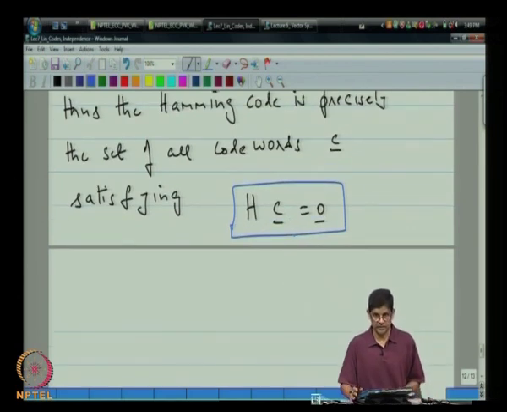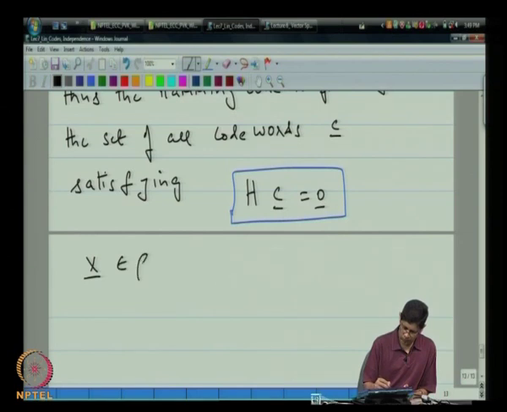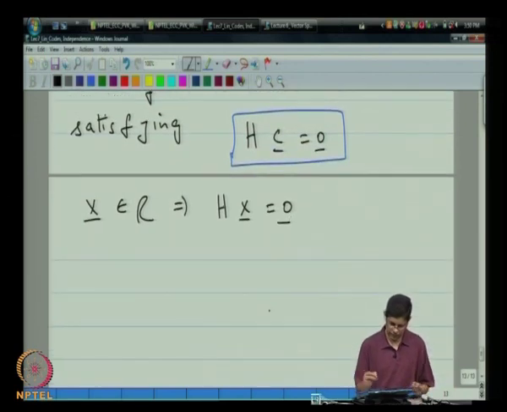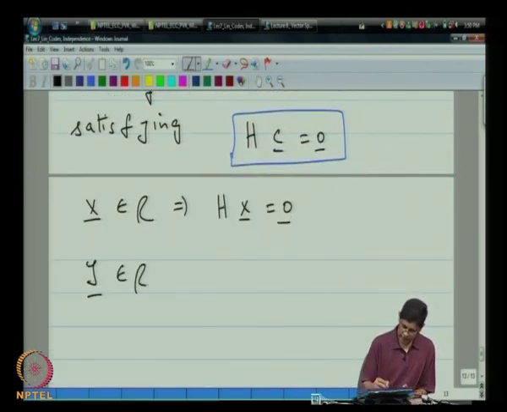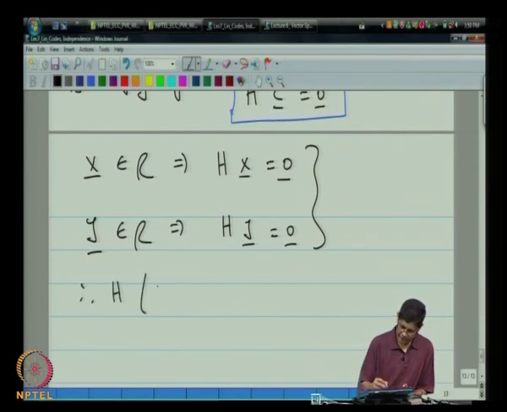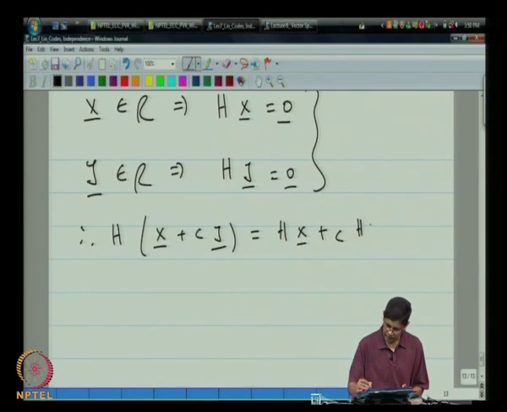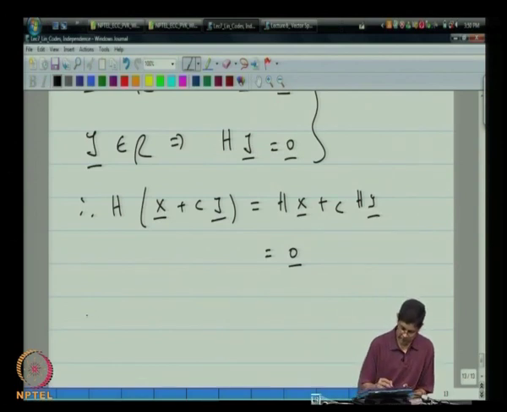Now, we want to verify that this in fact defines a linear code. So, let us apply our test. x in the code implies that H times x is equal to 0, y in the code implies that H times y is equal to 0. It follows that H times (x plus cy) is equal to H times x plus c times H times y, so this is 0. Therefore, the Hamming code is linear.